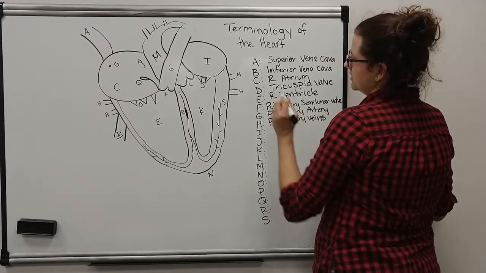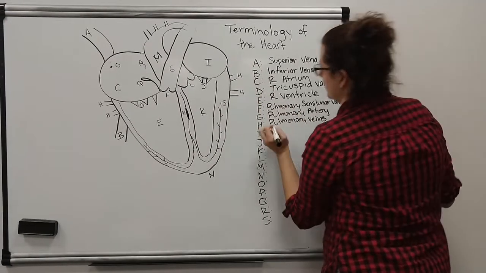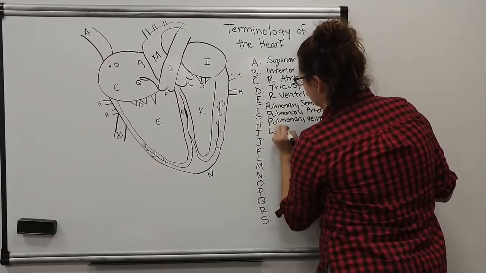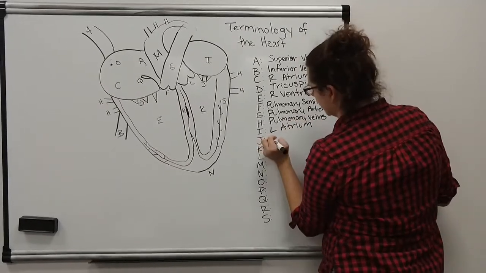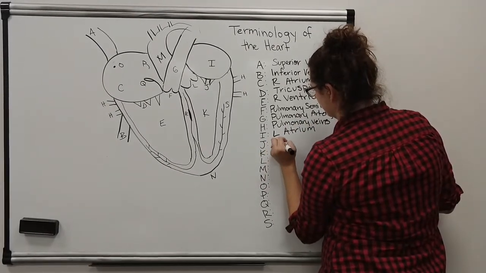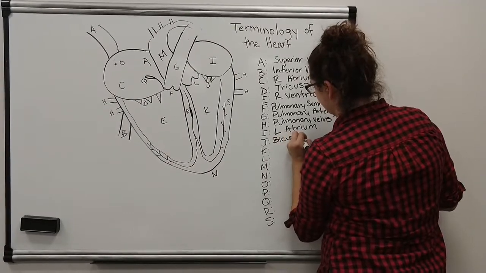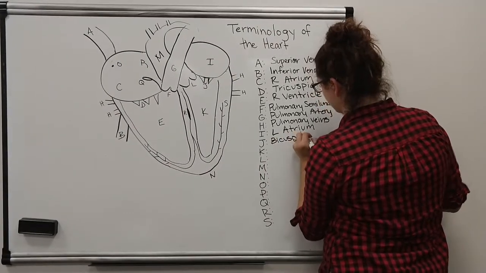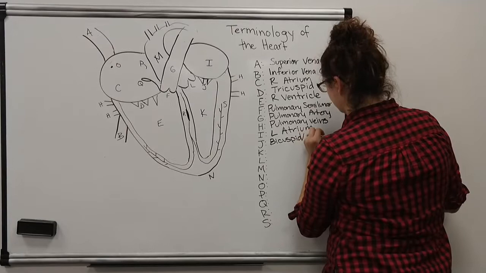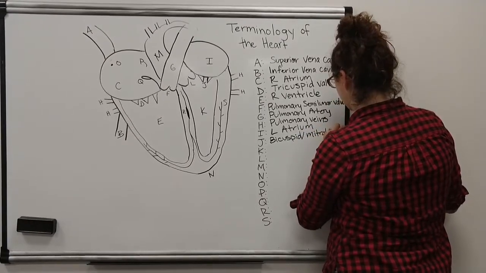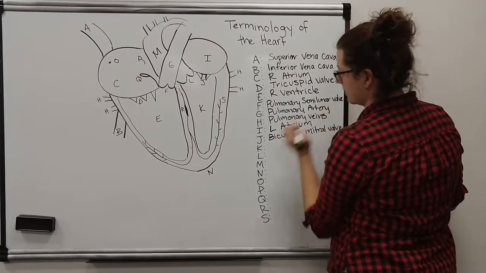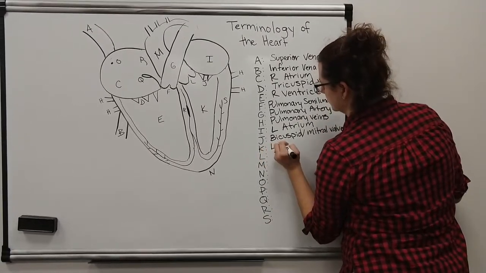From the pulmonary veins, blood is drawn into the left atrium and through the bicuspid or mitral valve, which is J, and into K, which is the left ventricle.